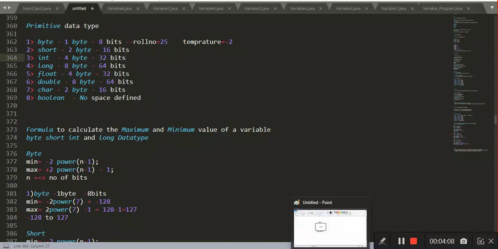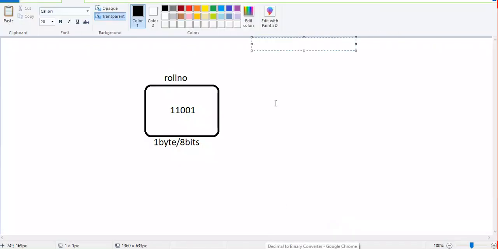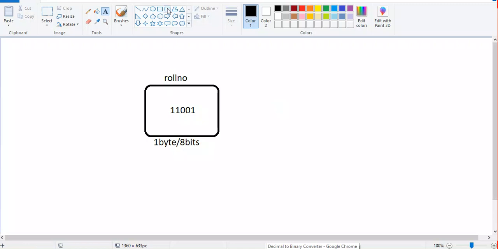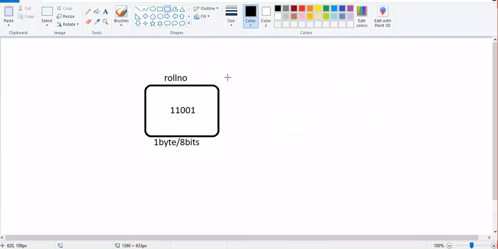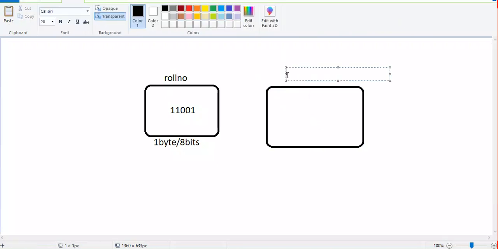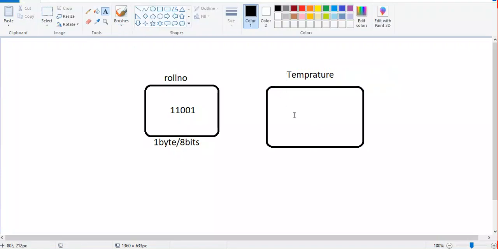It will get stored in the database like this. Temperature is minus 2.